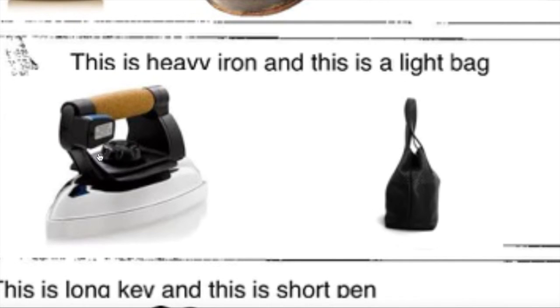What does iron mean? Mikwatun. So get the right pointer: هذه مكواة ثقيلة. Got it? Very good. وهذه. What is bag called? حقيبة. So you say وهذه حقيبة خفيفة.